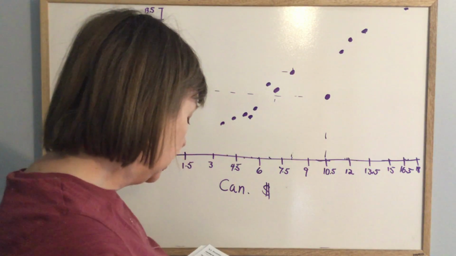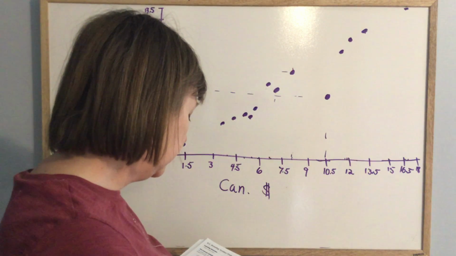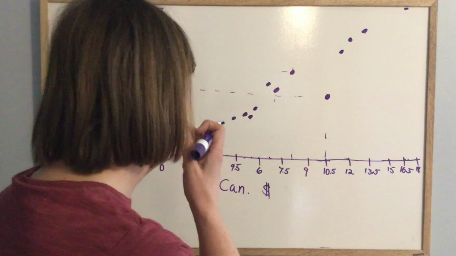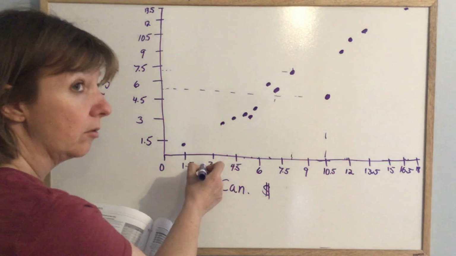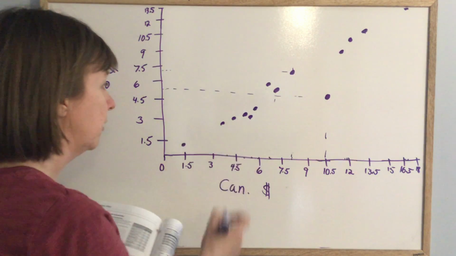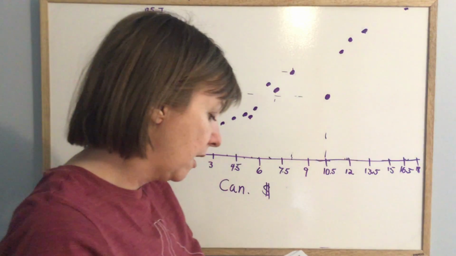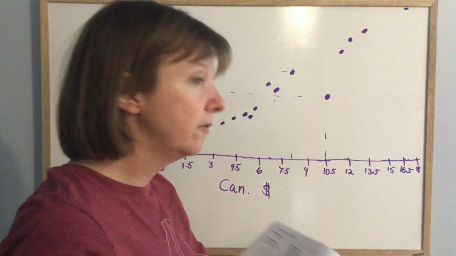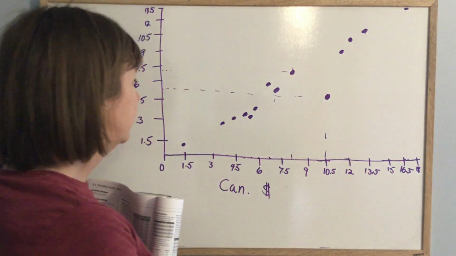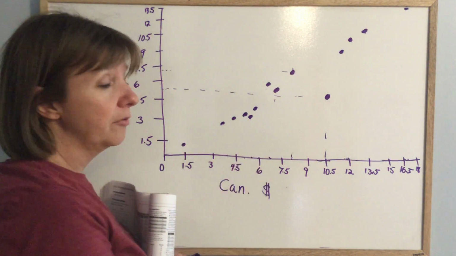Number 6, you could label each point on the scatter plot with the name of the book. So in other words, I could write the name of the book beside whatever dot this represents. It says, what are the advantages and disadvantages of doing this? Well, disadvantage, it's going to look awfully messy.